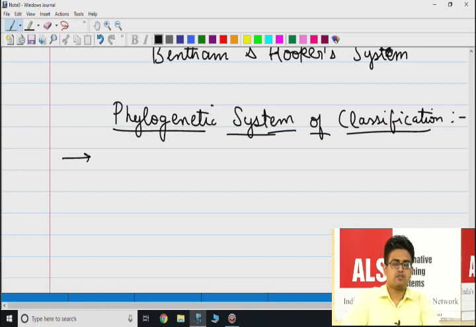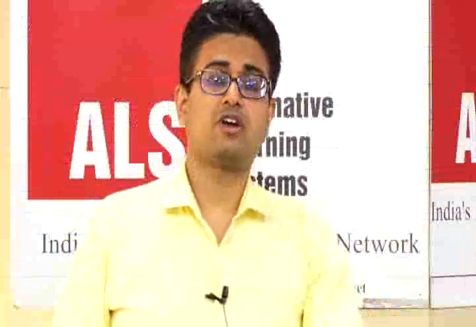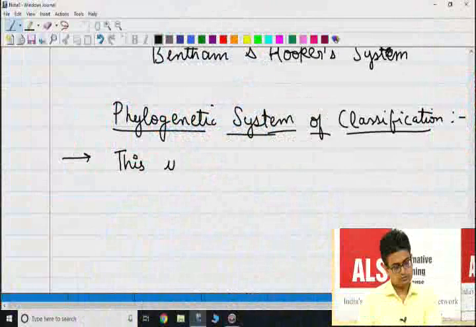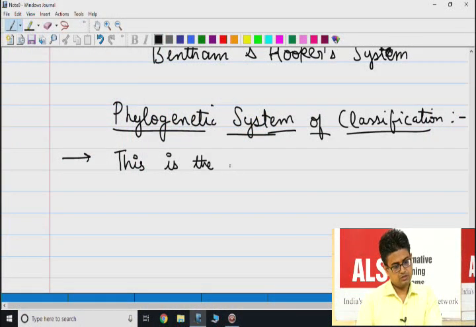They have diversified into very complex categories. Regarding this, let us study the phylogenetic system. This is the most widely accepted system.